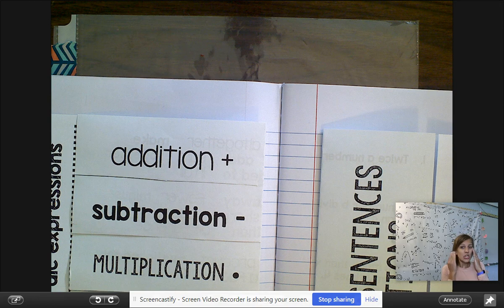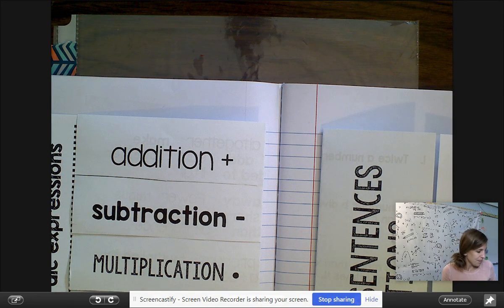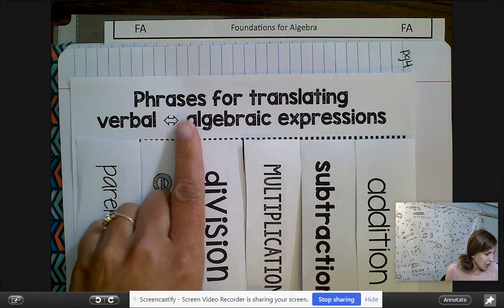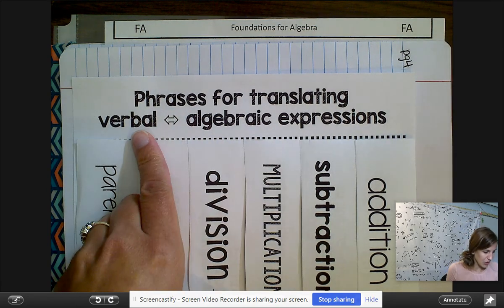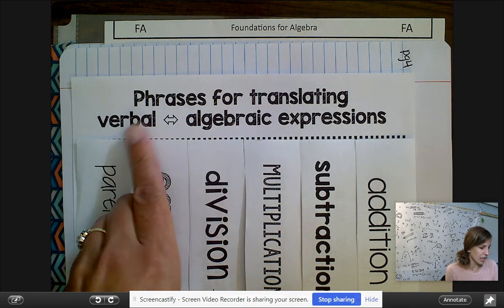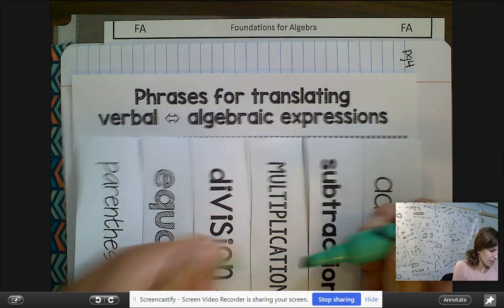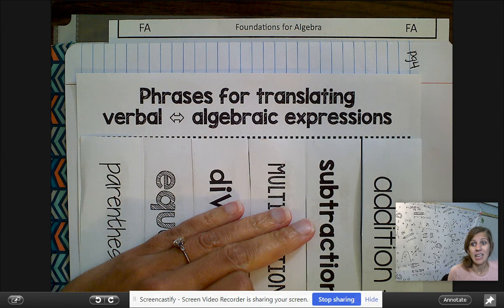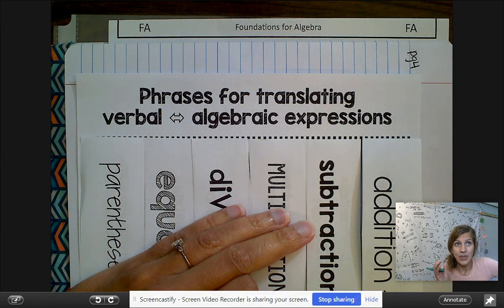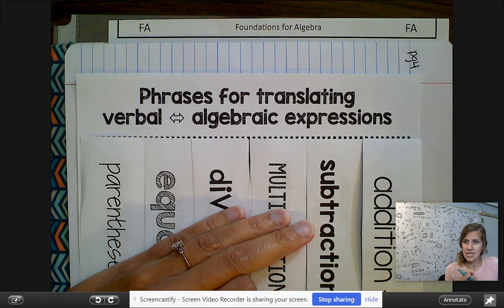Okay, so a couple of things to talk about, some vocabulary things. First of all, along the side here, phrases for translating verbal to algebraic or algebraic to verbal expressions. So the first thing I want to talk about here is we are going to be taking English language sentences and rewriting them as math sentences or vice versa.